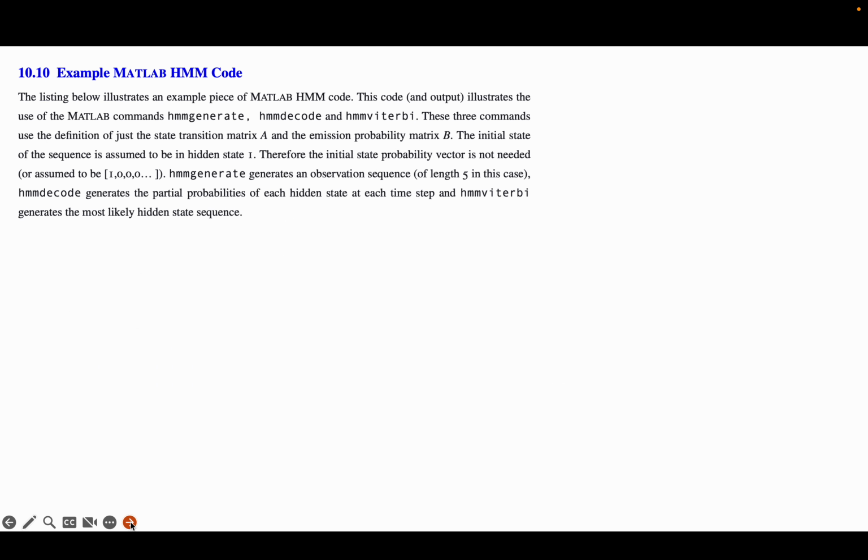So MATLAB has hidden Markov models built in, and I'm pretty sure this is in the statistical package. The code that follows on the next page will show you some hidden Markov model commands.